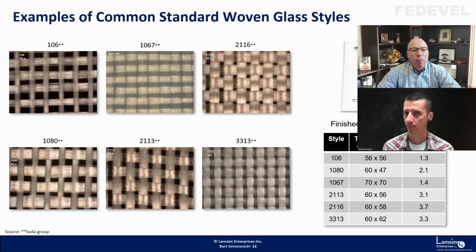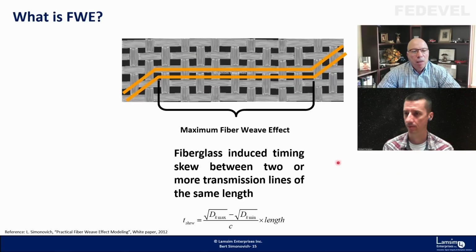Fiber weave effect is, hypothetically, say it's a 106 type material, non-spread.